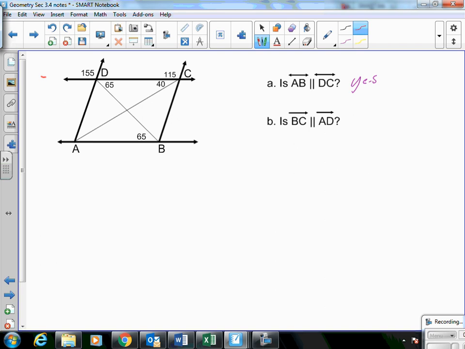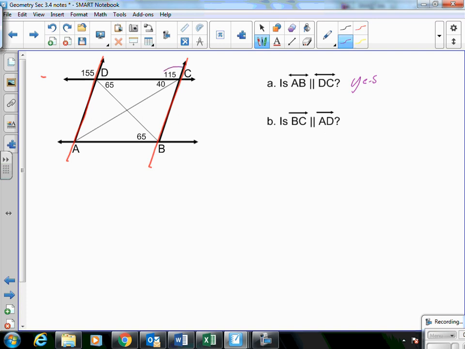And then next up, it wants us to determine whether ray BC and ray AD would be parallel. So we look for one of the transversals, and there are four possible transversals again. We're looking for ones that have angles attached to these two lines, and the only one that has angles attached to both lines is the 115 and 155 here from line DC.